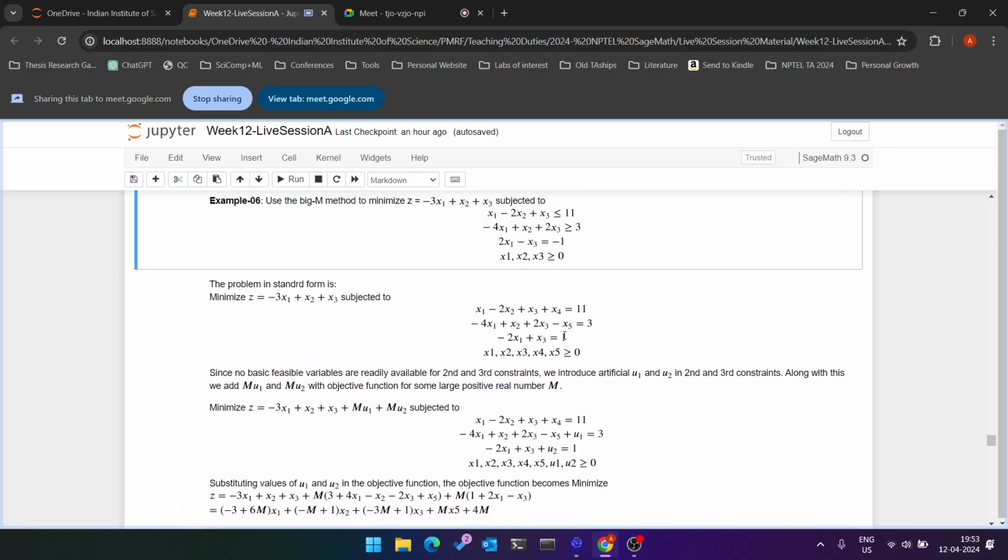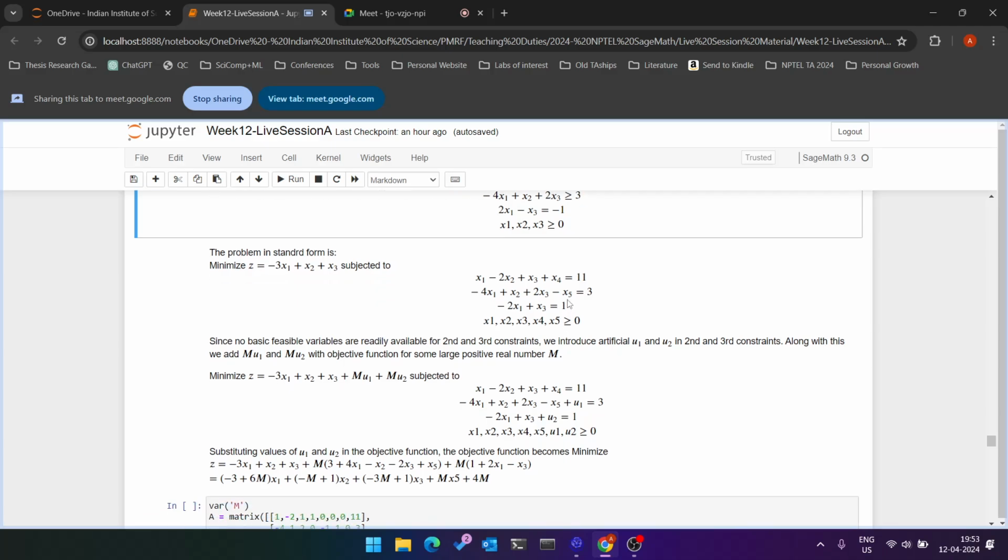Next, what we see here is that for the second and third constraints, there is no readily available basic feasible solution. So two artificial variables u1, u2 are introduced and added into the equations, and correspondingly two penalties Mu1 and Mu2 are added to the objective function.